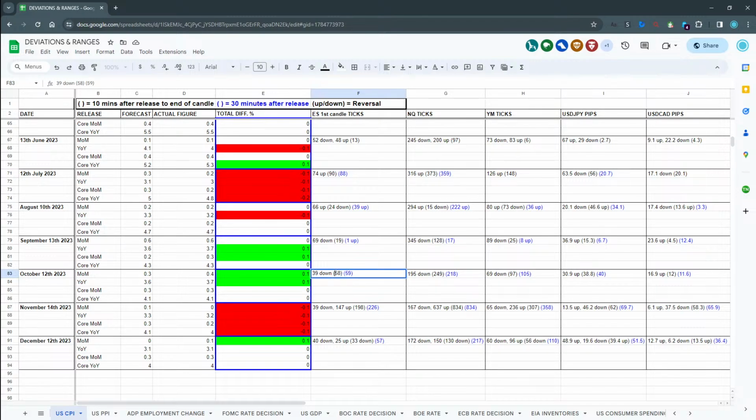If you did see 39 ticks down, but then after 10 minutes of trading it reversed that and went up 58 ticks, then you would see 58 up like that. But in this case it was staying in the same direction and actually headed lower as well. Does that make sense to everyone?